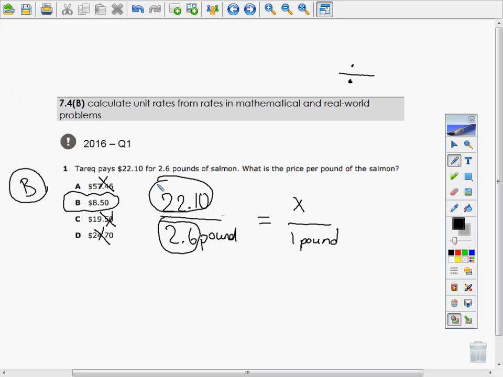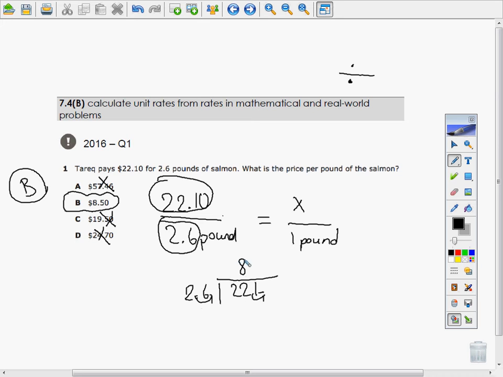But if you go with the calculation, you will have the same answer. If you put it like this, 2.6, I can move the decimal place like here. Since they have the same decimal point, I can get rid of it, and I don't have to put 0 as long as it's at the very end. 26 goes into 22. It's not possible.